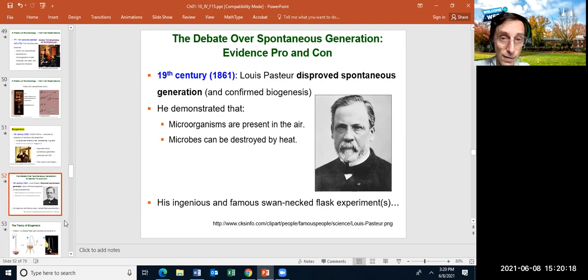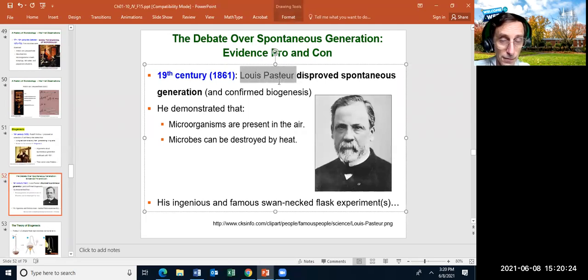So Louis Pasteur disproved spontaneous generation. And this is someone you should get to know, because we will talk about him several times in this course. Louis Pasteur was one of the founding microbiologists, and we will run into him time and time again in this class. Anyways, he disproved spontaneous generation and therefore confirmed the theory of biogenesis.